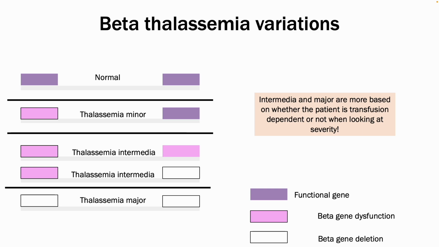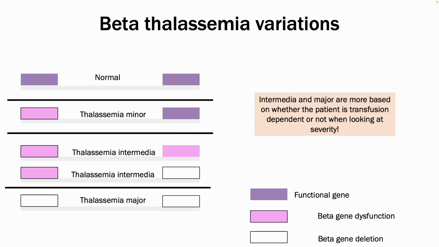However, this classification between thalassemia intermedia and thalassemia major in beta thalassemia patients has less to do with whether the patient has a gene dysfunction or a gene deletion, but rather whether they are dependent on transfusions or not, and that is how you would grade the severity.